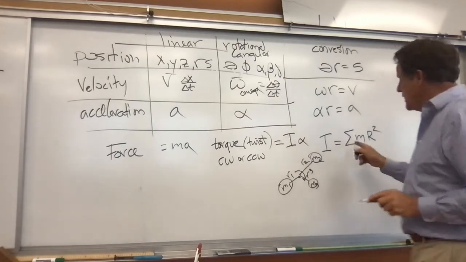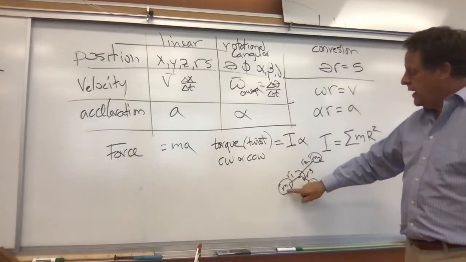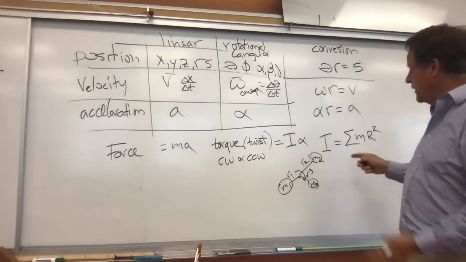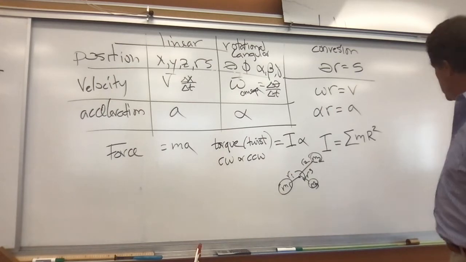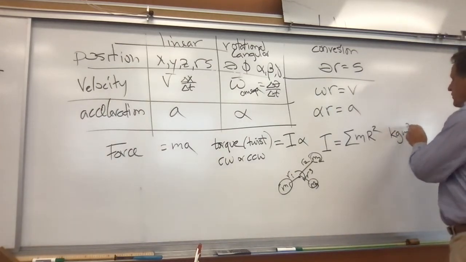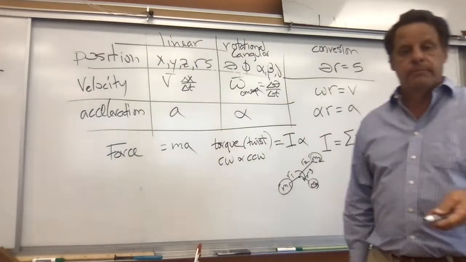And we get M1 R1 squared plus M2 R2 squared plus M3 R3 squared, and we'd add them all together, and we would get our moment of inertia. So that would be kilogram meter squared would be our units, okay?